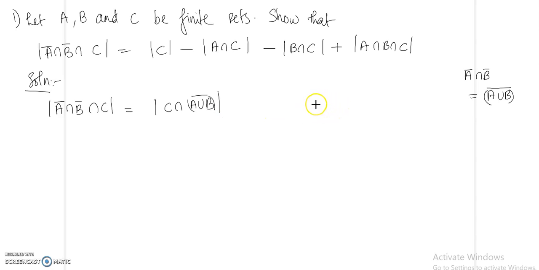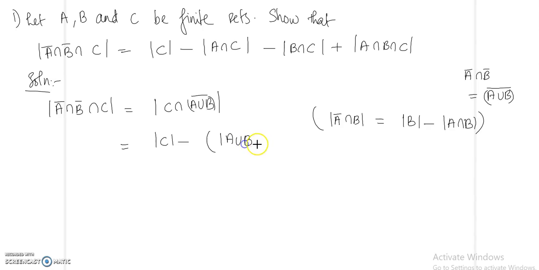Now we have seen this property in the last class. So the cardinality of A complement intersection B is equal to the cardinality of B minus the cardinality of A intersection B. So this will be equal to the cardinality of C minus the cardinality of A union B intersection C.